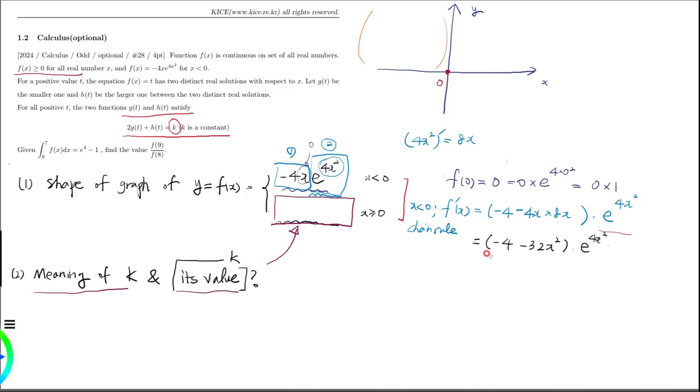Since this part is always negative and this part is always non-negative, it's actually positive in the negative x domain, the derivative takes a negative value for each negative domain.